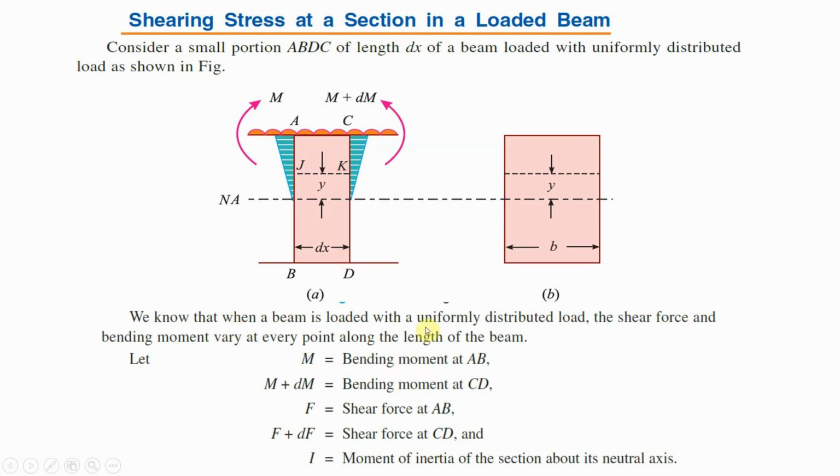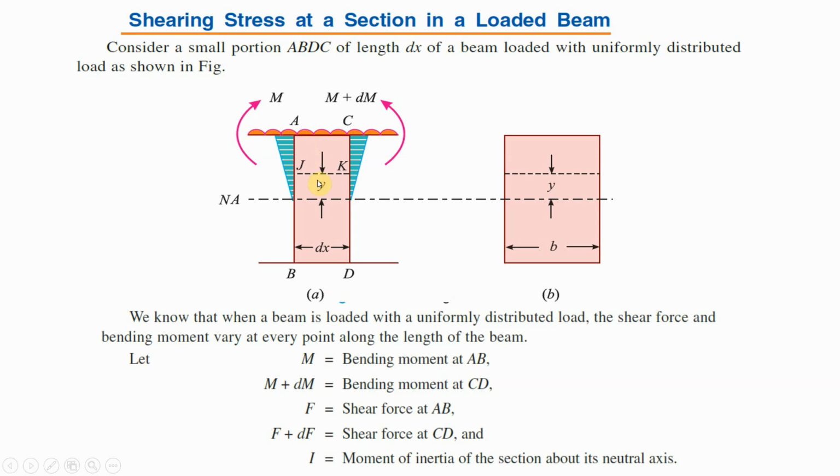So we know that when the beam is loaded with a uniformly distributed load, the shear force and bending moment vary at every point along the length of the beam. So at AB section, the bending moment will be M, and at CD section, the bending moment will be M plus dM. It's a different value of bending moment at CD section.